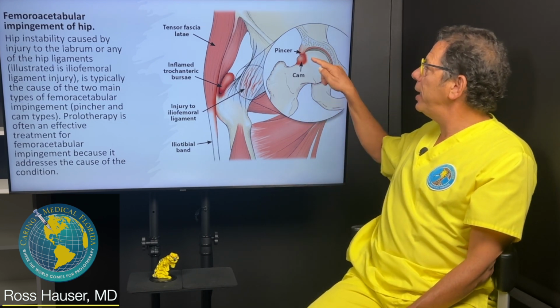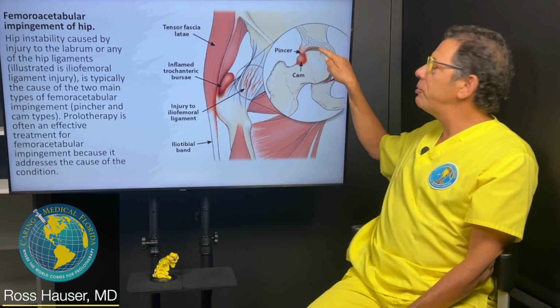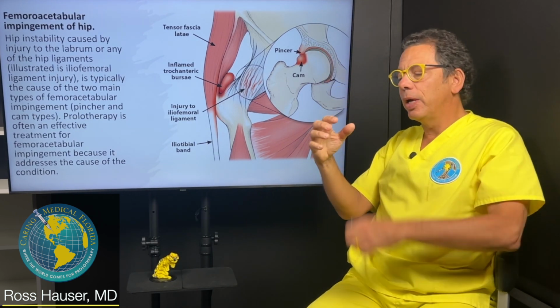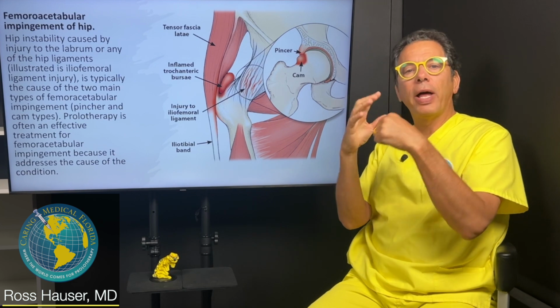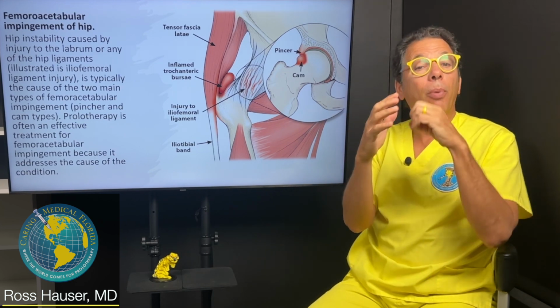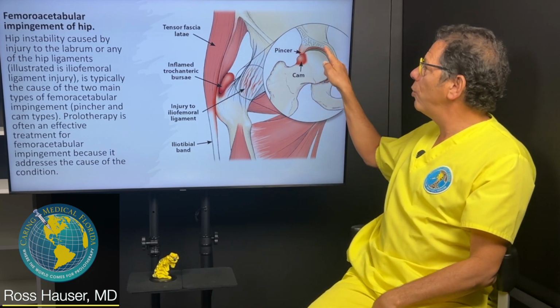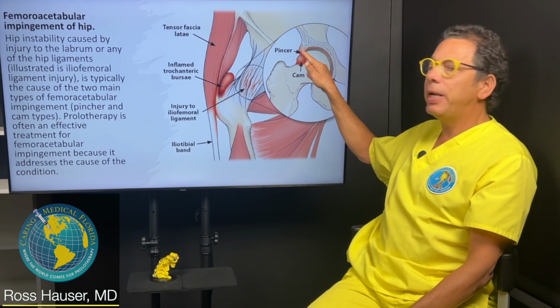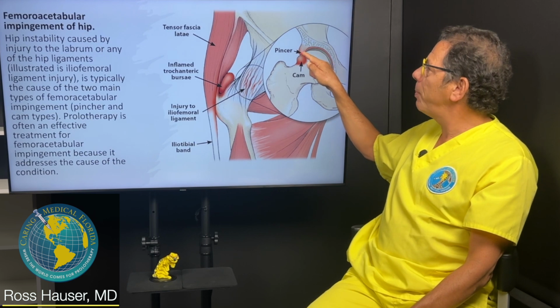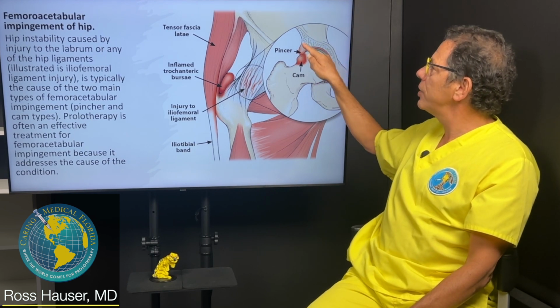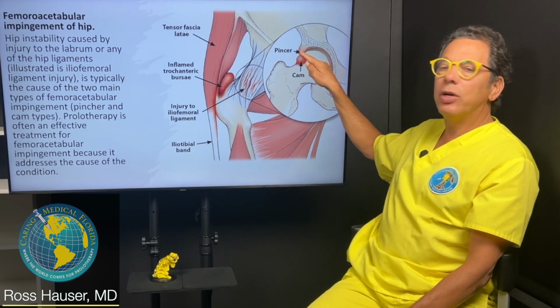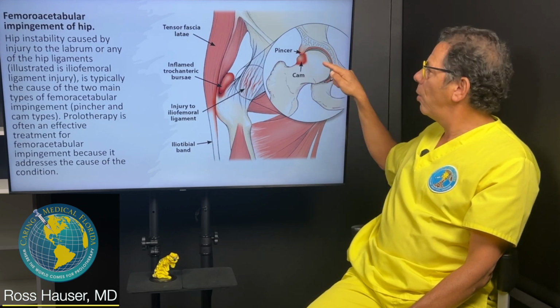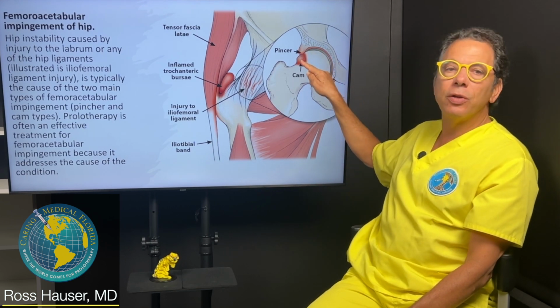So what actually is impingement? Well, impingement is that the hip joint can't move normally: the femoral head, the ball portion, gets impinged or limited by either a pincher lesion, which is an overgrowth of bone in the socket portion, or the femoral head gets a bump.